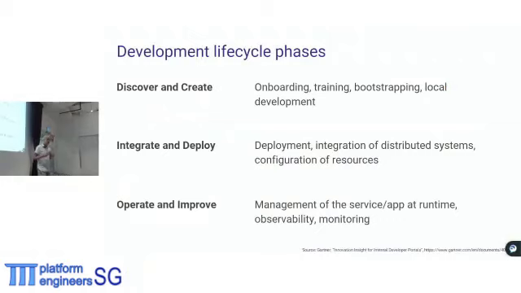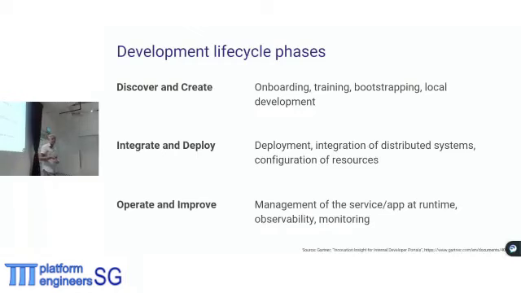Now, Gartner produced an article that talked a little bit about the life cycle phases where a developer portal could be useful. They outlined 3 types of phases. When you discover information, documentation, and how you go to create your new application in your local development environment, how you integrate that into other systems and get hold of access to resources, and then the ongoing operation and improvement.